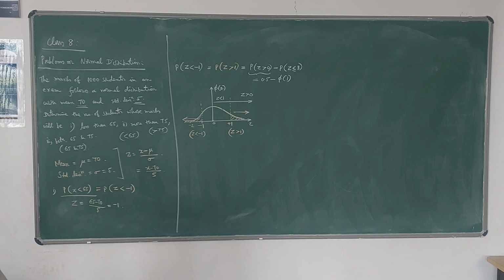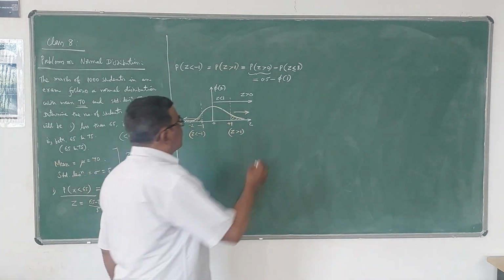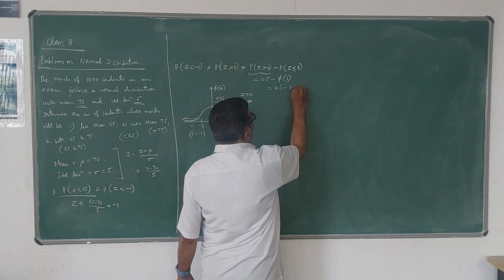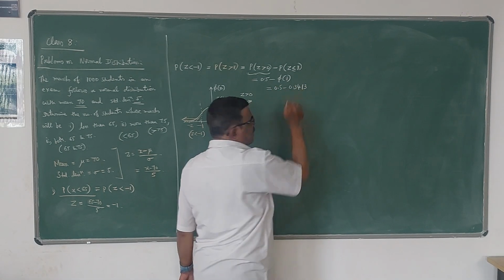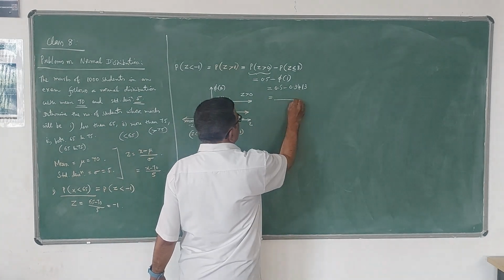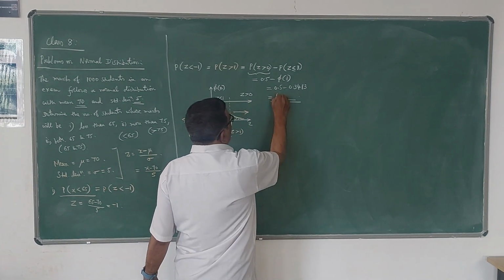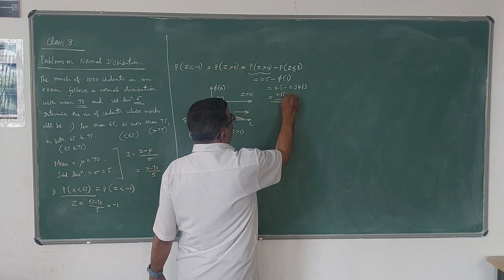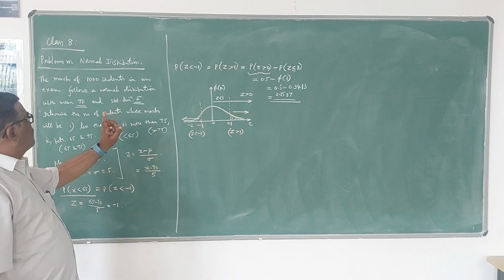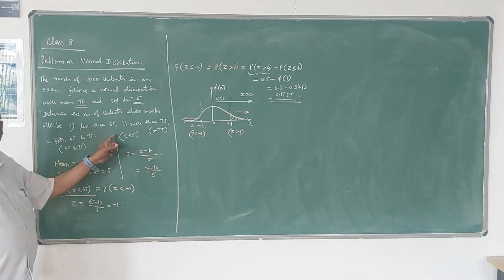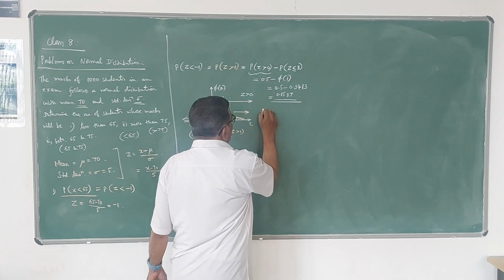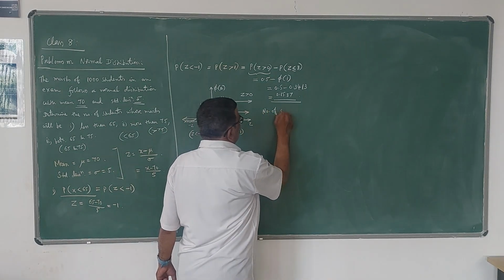So it is 0.5 minus 0.3413, which gives 0.1587. This is the probability of having marks less than 65. The number of students is also asked, so this is the probability.